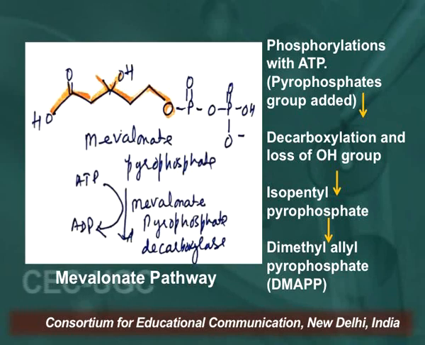It converts into isopentyl pyrophosphate, and the isopentyl pyrophosphate is converted into dimethyl allyl pyrophosphate, DMAPP. This is the structure on your screen. You can see here isopentyl pyrophosphate.